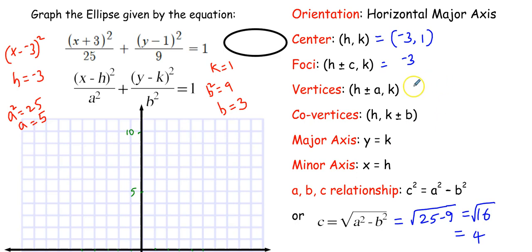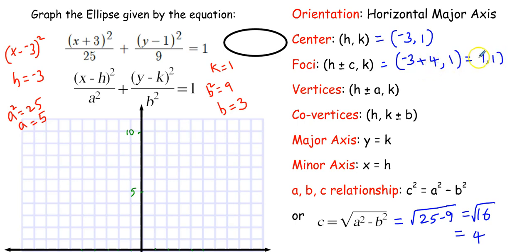Okay, I'll write 4. Now h, that is negative 3 plus 4, comma k, which is 1, that is equal to negative 3 plus 4 gives me 1.